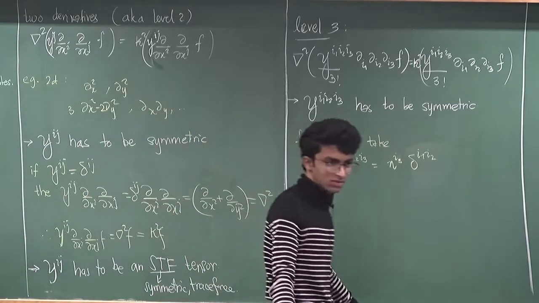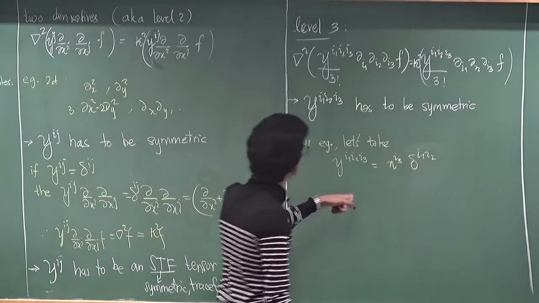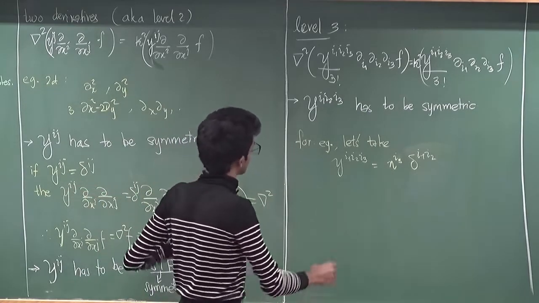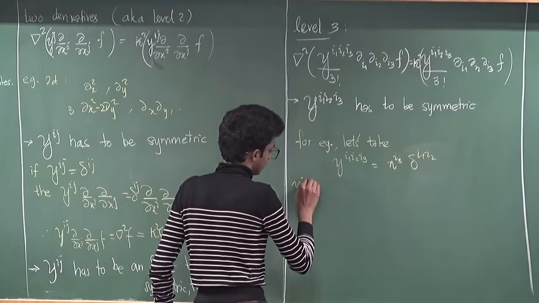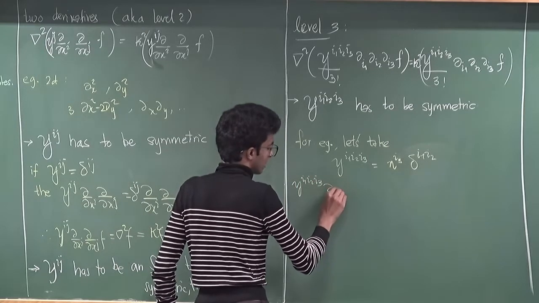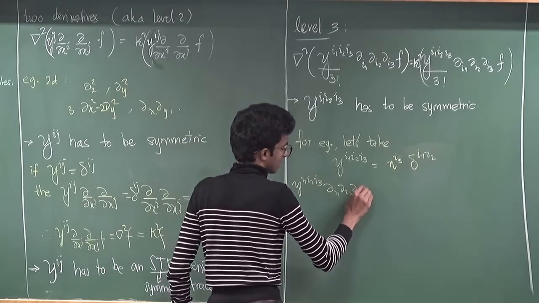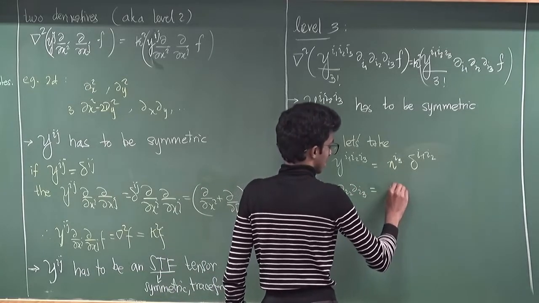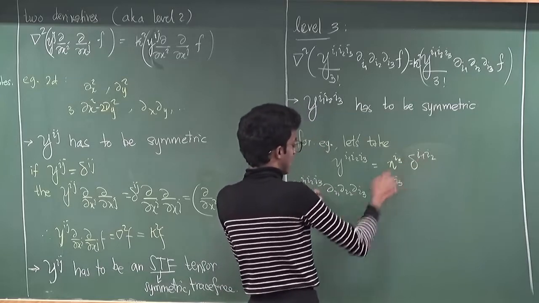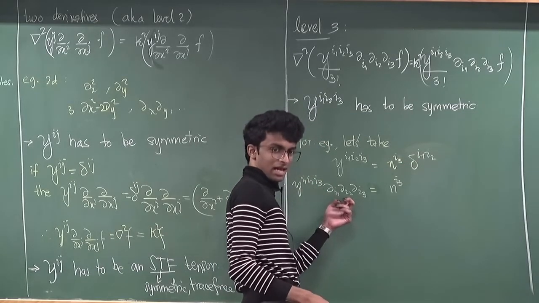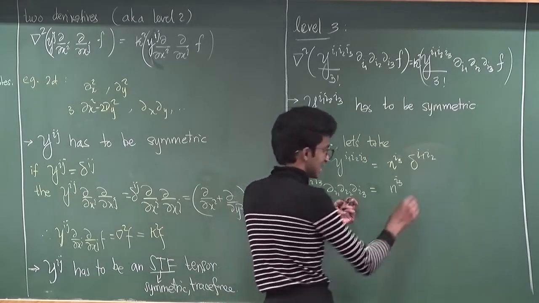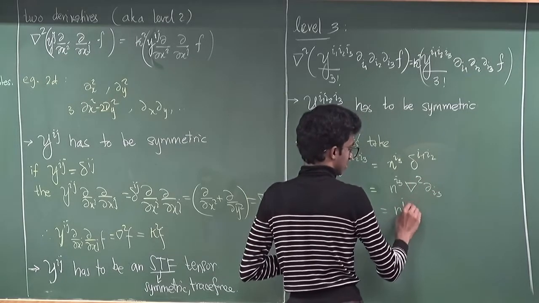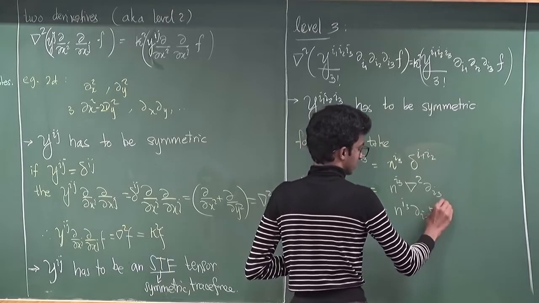This sounds good. But you see why I'm taking this, right? Because if you run this argument now, y_{i1 i2 i3} del i1, del i2, del i3 will just be n_{i3} delta_{i1 i2} del i1, del i2, that's just del squared, del i3, which is just n_{i3} del i3 del squared.